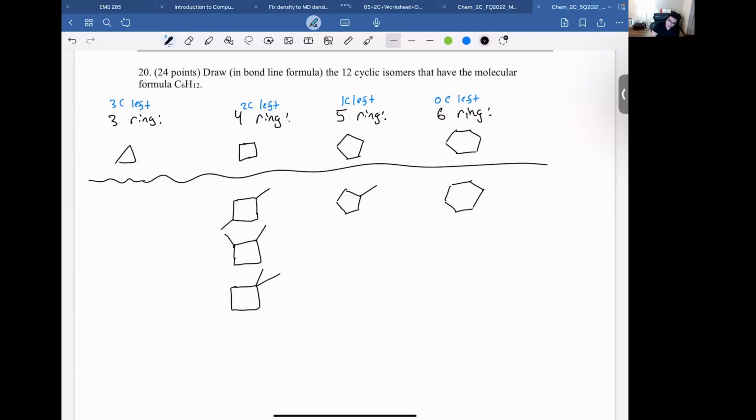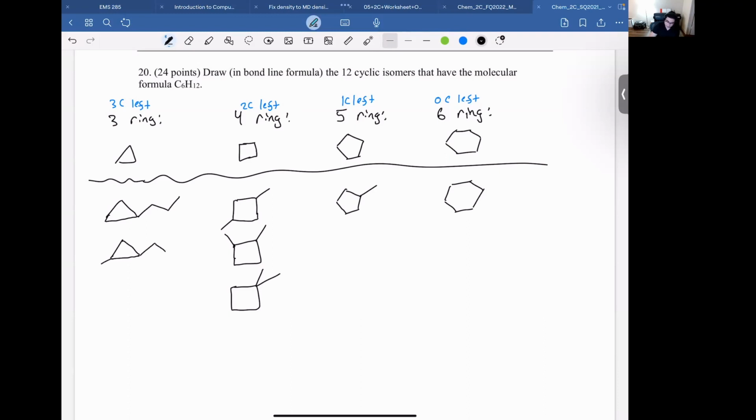So I'll start with the 3 chain. If I have these 3 carbons left, I could put them in a chain of 3, like that. Doesn't matter where I put it. These are all going to be equivalent isomers. So that's 1. Now I can also have an ethyl group, or the 2 carbons. I'm just going to go ahead and put it on this one on the corner, and then the methyl group, like that.